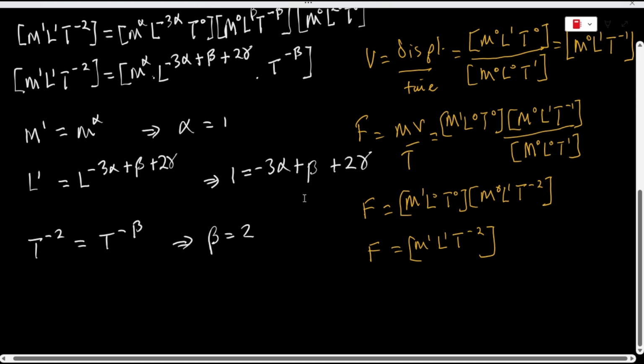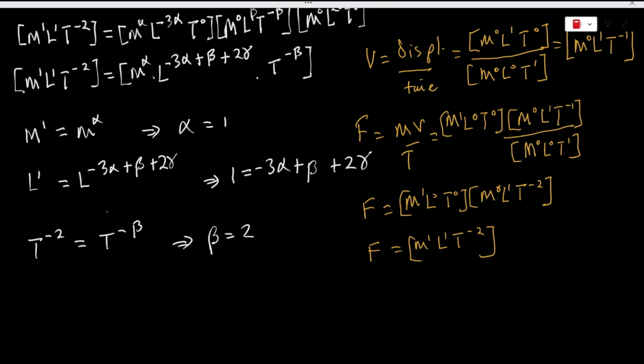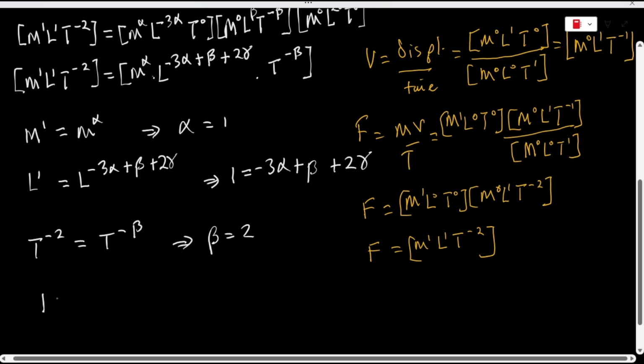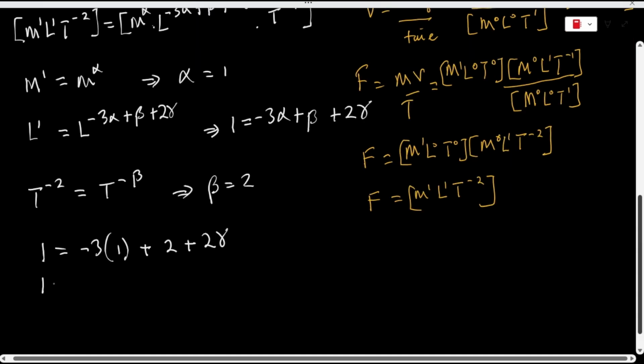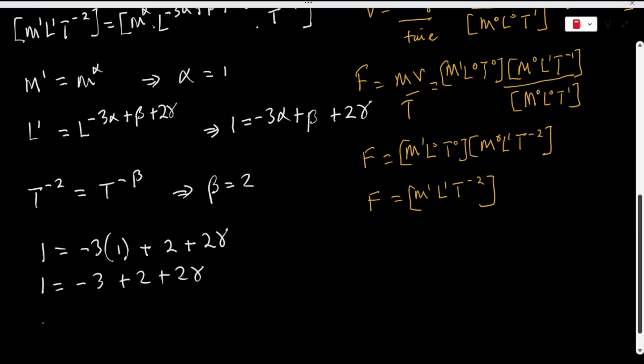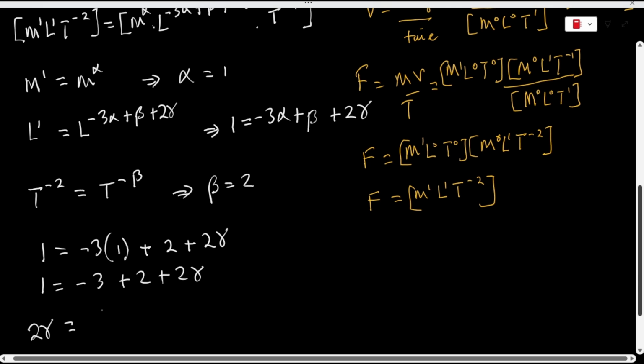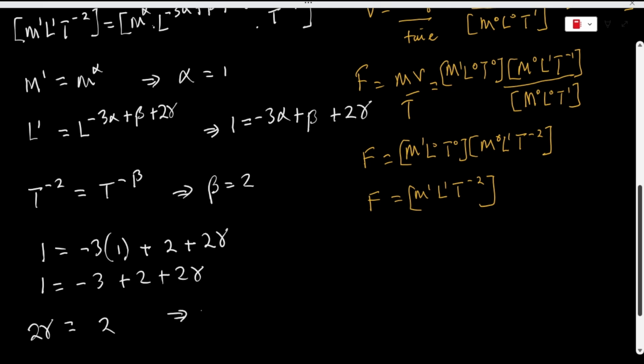So it means that, so 1, so here, this implies 1. So gamma is 1, beta is 2, and alpha is also 1.